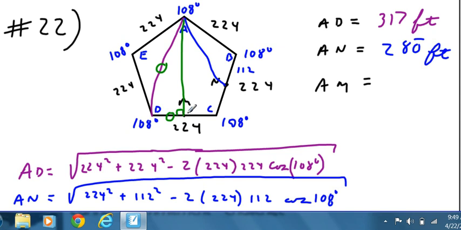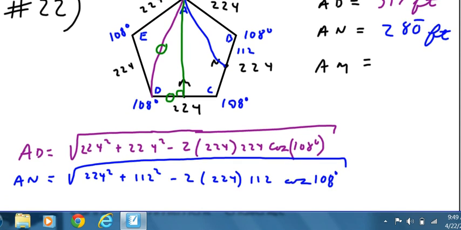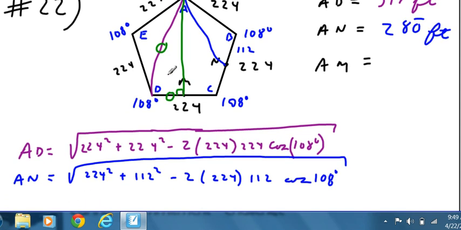So this is just a squared plus b squared equals c squared, right? So A to M squared plus 112 squared is equal to the only number we disagree upon, 317 squared.